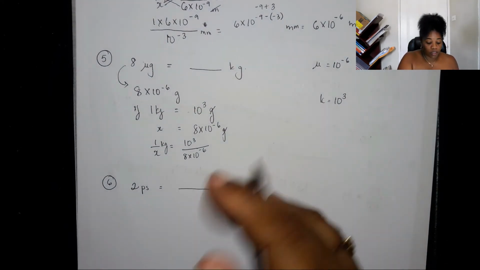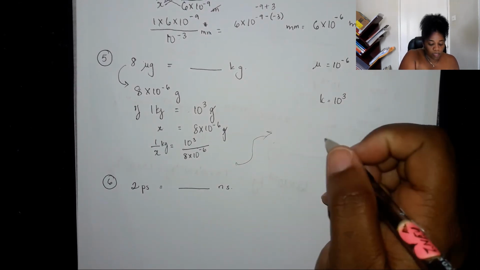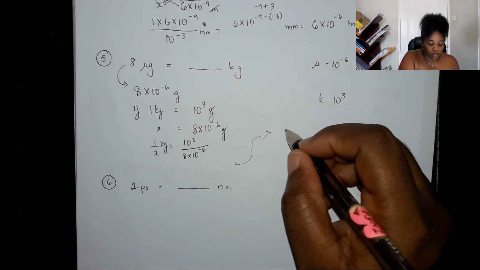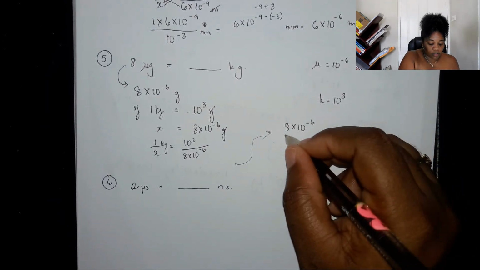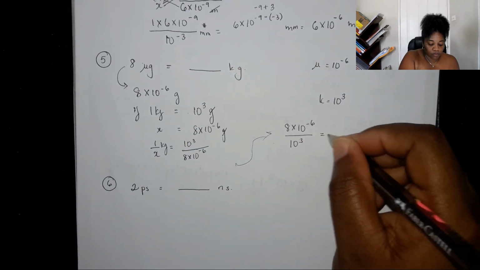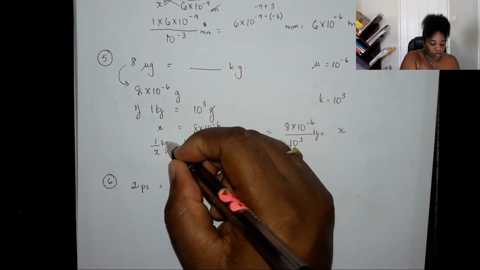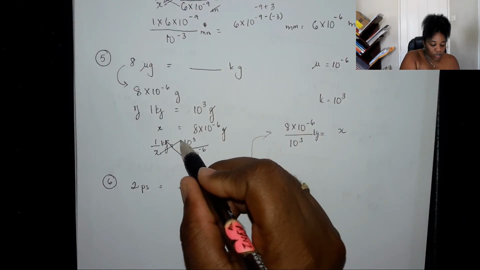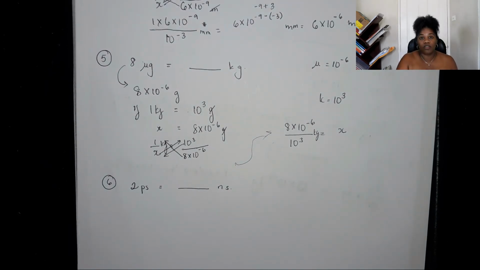Okay? And for space purposes, we're going to move over here. And what you get here, you would say 8 times 10 to the negative 6 divided by 10 to the 3 equals x units kg. Why? Because the x will go up, and this will go down. All of this you would have learned previously in the transposition using fractions.